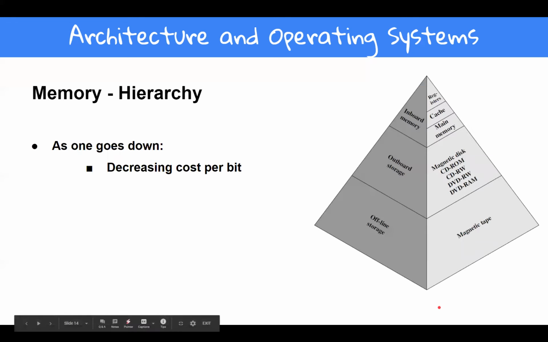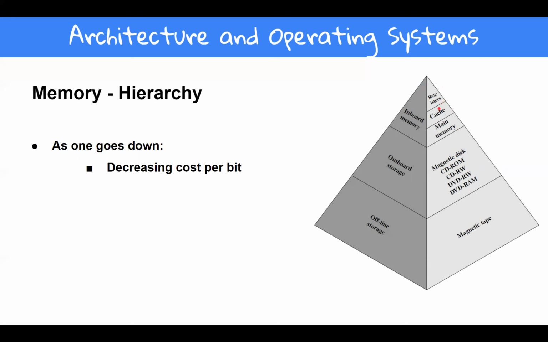Because of that, the pyramid of memory comes into discussion. What's that? On one side, we've got the memory, as you see, inboard, outboard, and offline. Decreasing cost per unit when we go down. If we go down, the cost will go down. It means that the most expensive memory that we have is the register.